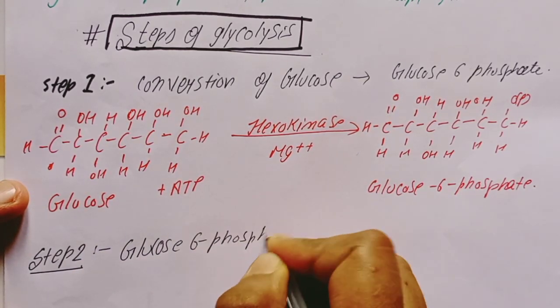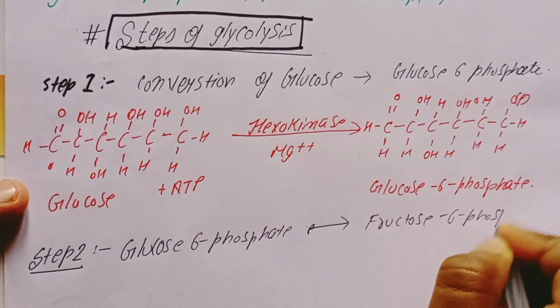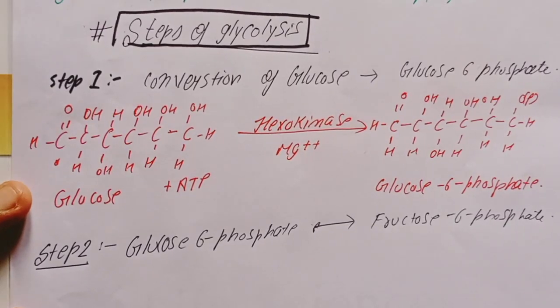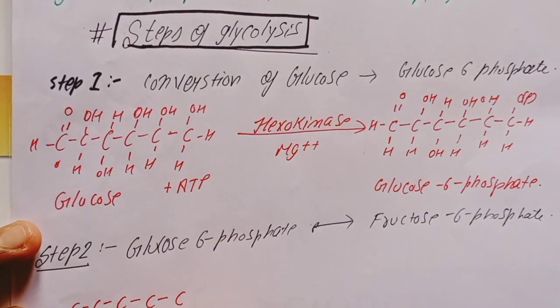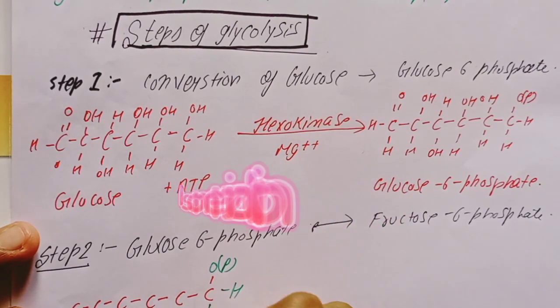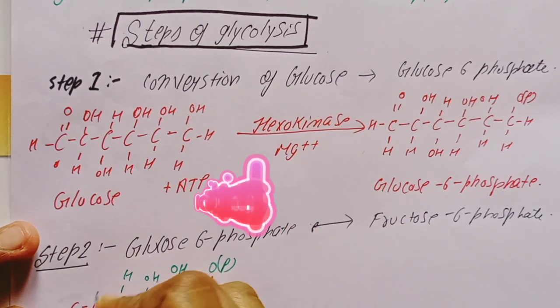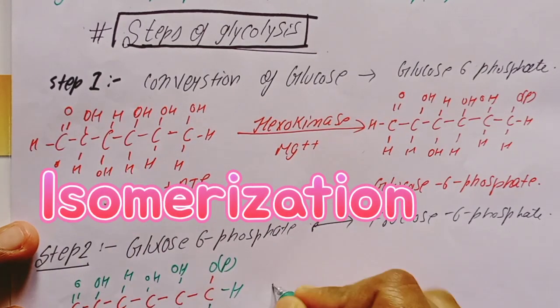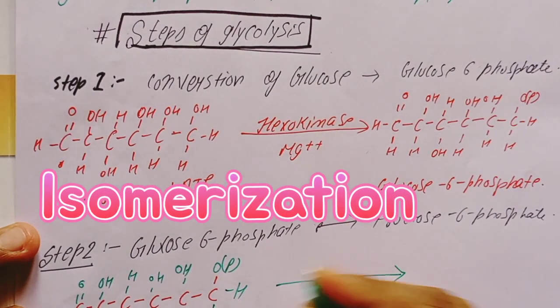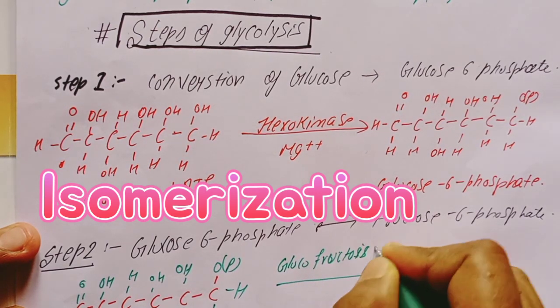The next step is the isomerization. What is isomerization? A reversible rearrangement of chemical structure called isomerization moves the carbonyl oxygen from carbon 1 to carbon 2, forming a ketose from an aldose group.